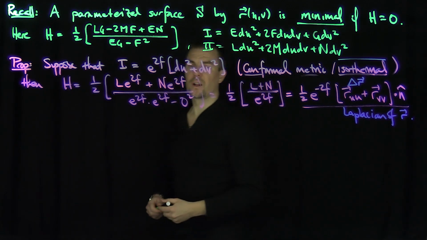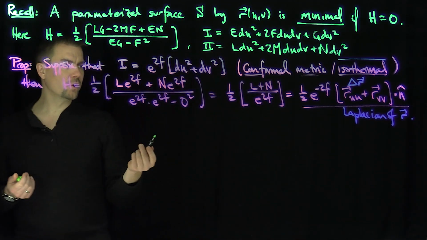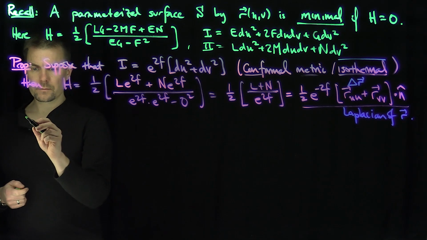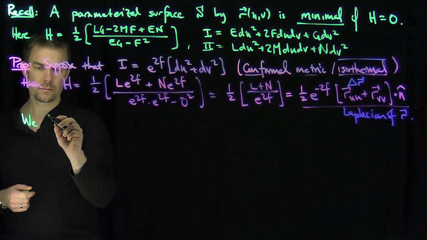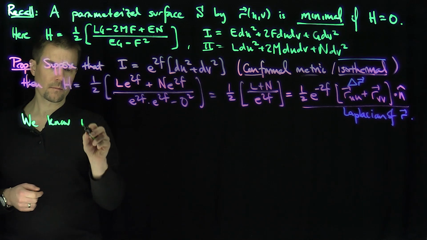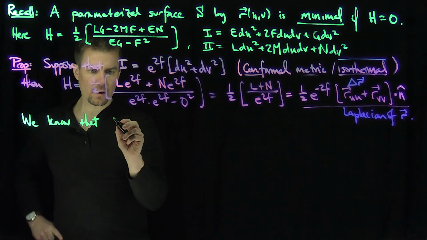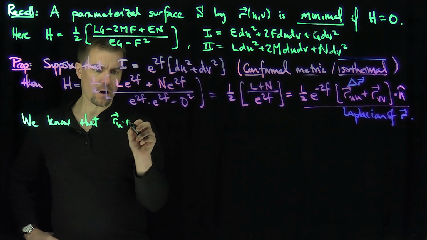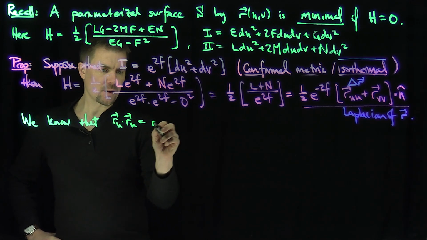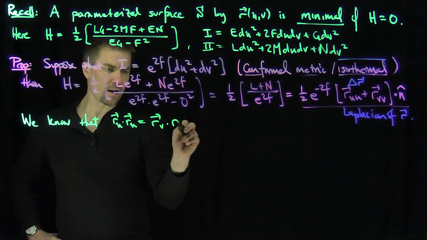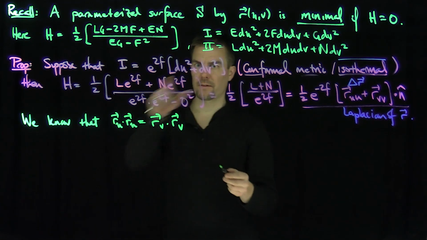So now what do we know? We know that R_U dot R_U is equal to R_V dot R_V, because it's conformal and they have the same coefficients.